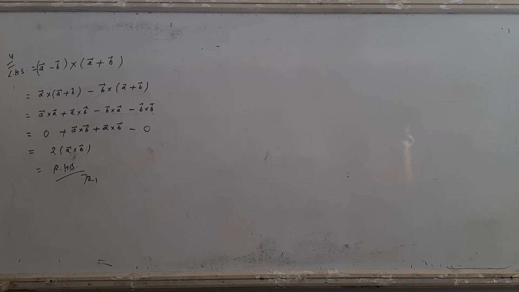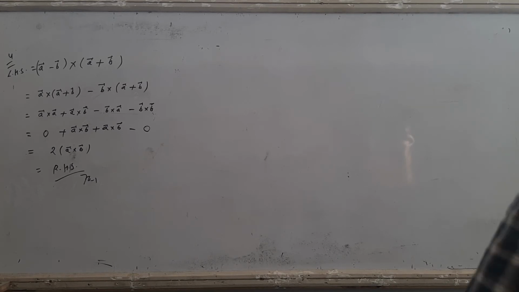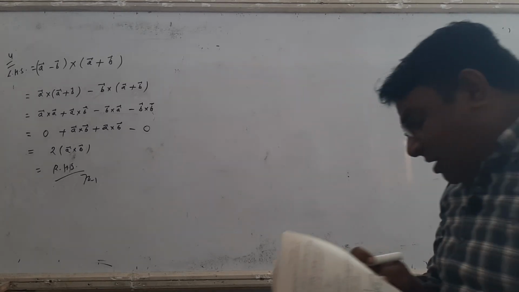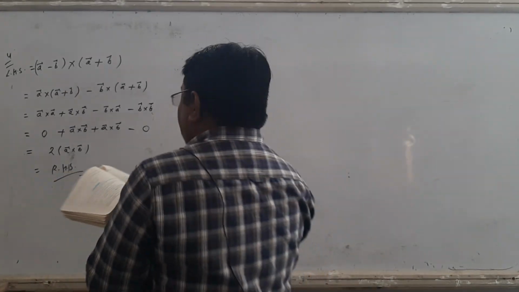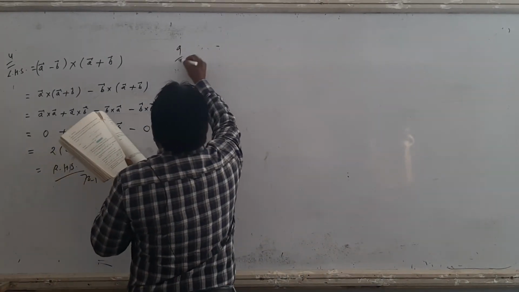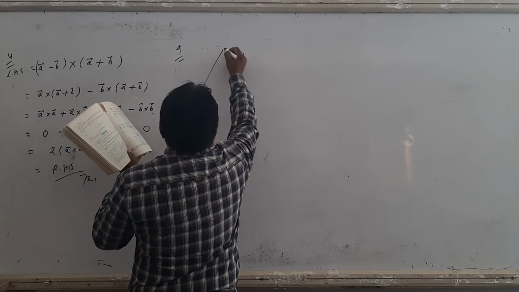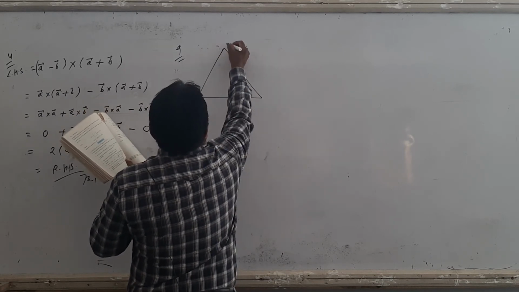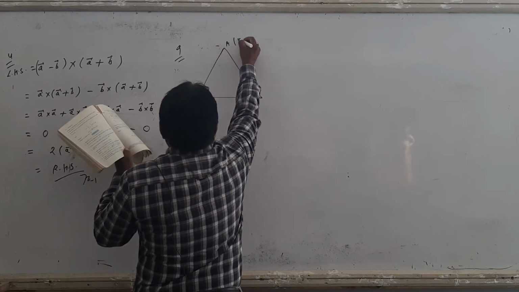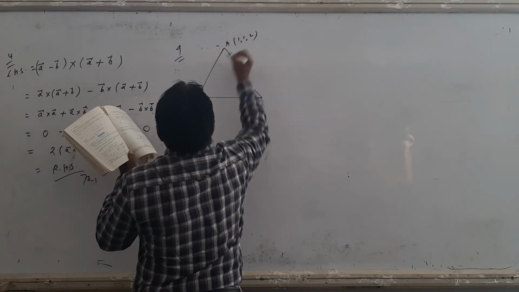Question number 9: find the area of the triangle when A, B, C are given. The three vertices are given, but in Cartesian form.